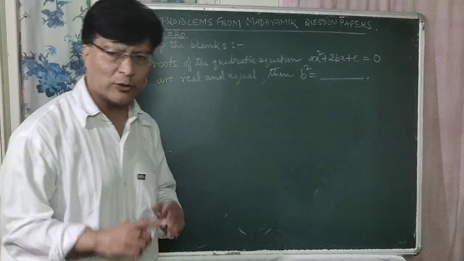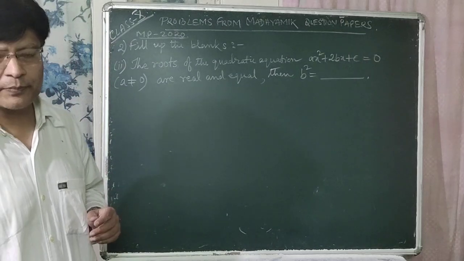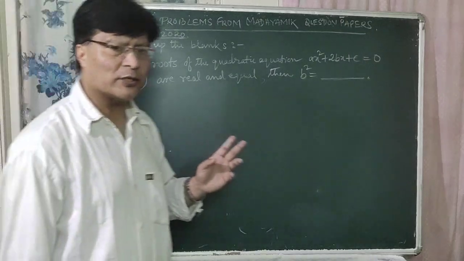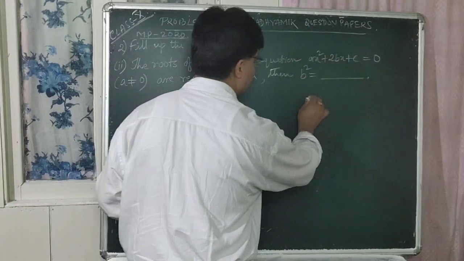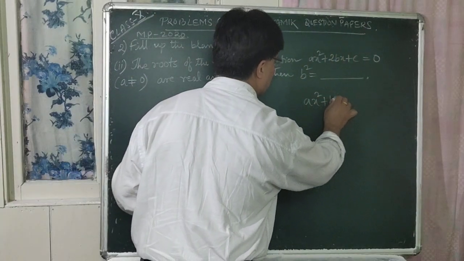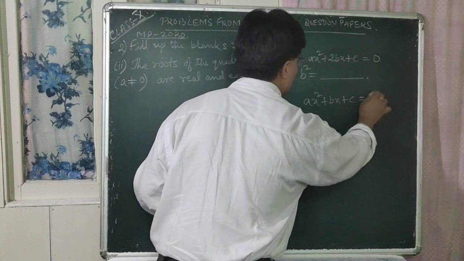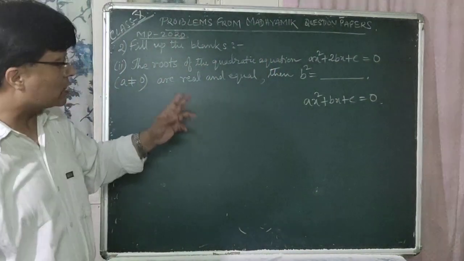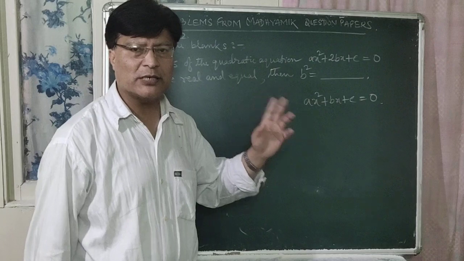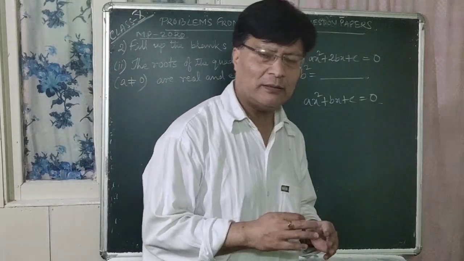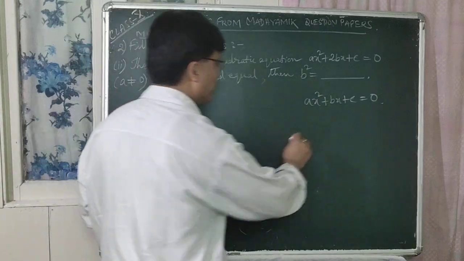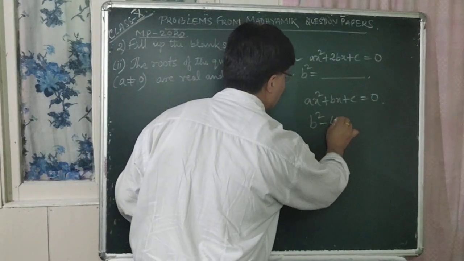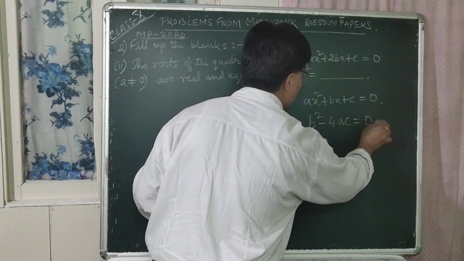So in this case, you should know the formula for the condition. So quadratic equation ko roots kati bela equal huncha, हैन? So there was a formula: if the quadratic equation is ax square plus bx plus c is equal to 0, then the roots of this quadratic equation are real and equal if b square minus 4ac is equal to 0.